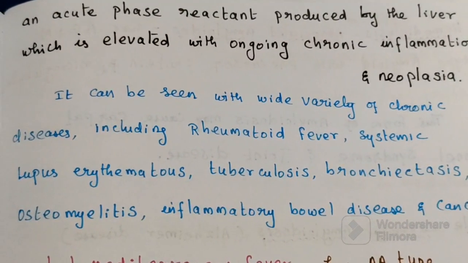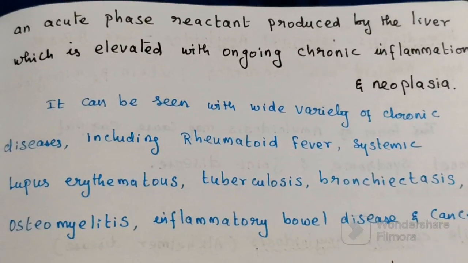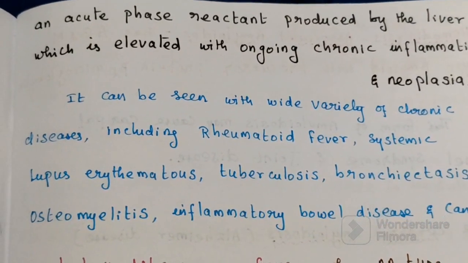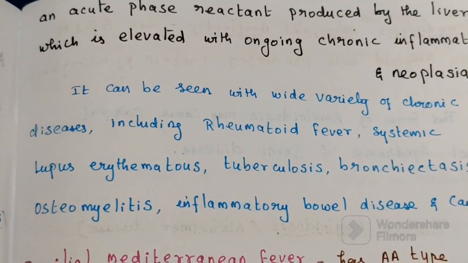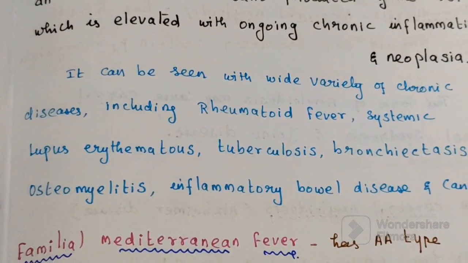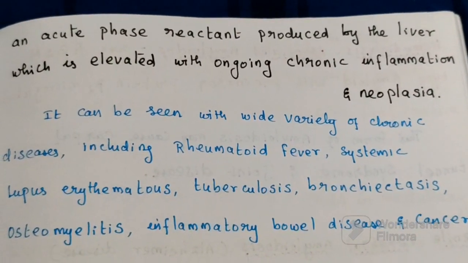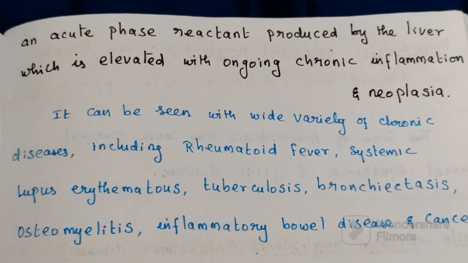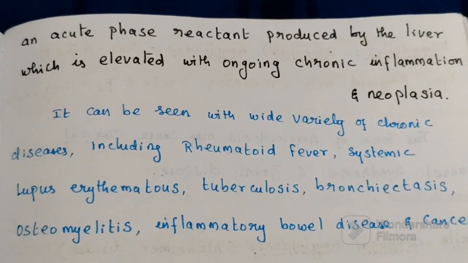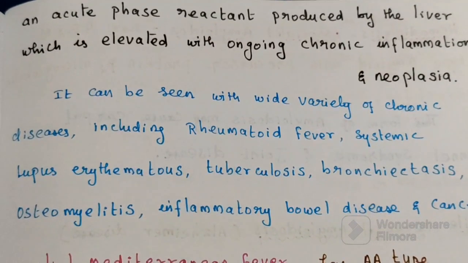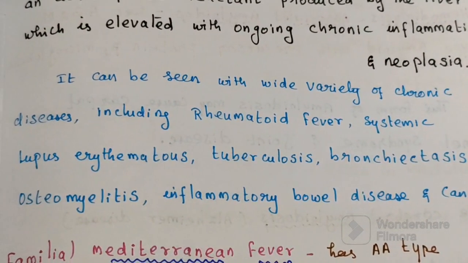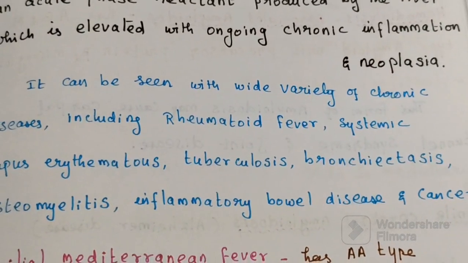So it has amyloid associated protein. The precursor is serum amyloid A, an acute phase reactant produced by the liver, which is elevated especially in ongoing chronic inflammation or neoplasia.